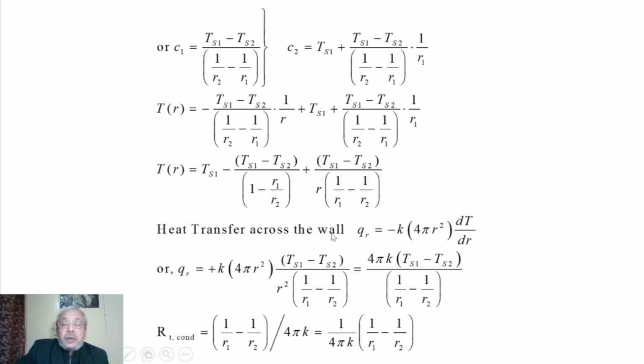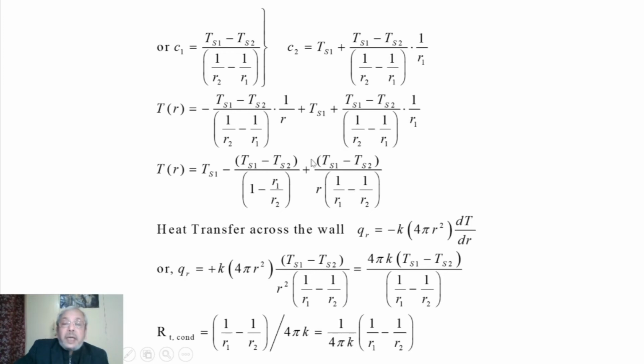And the heat transfer across the wall, that is QR, is minus K 4 pi R square dT dR. So if we find dT dR from here, multiplied by minus K into 4 pi R square, we will get the heat transfer rate.